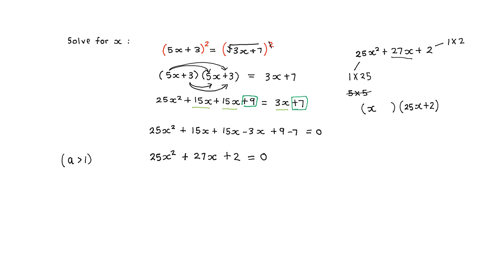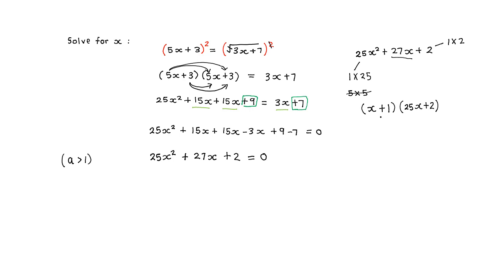And then we need a 25x, so we're going to put this 1 over here, so plus 1 over here. So we have our 2x plus our 25x gives us our 27x. Signs, positive times positive is a positive. 1 times 2 is 2. So that is the factorization of this trinomial.